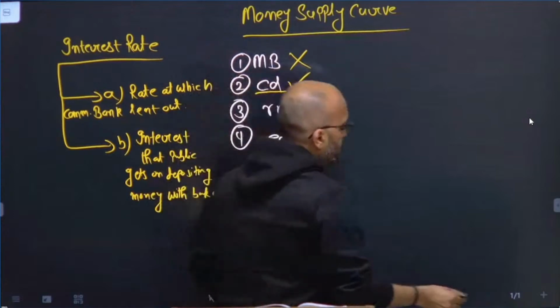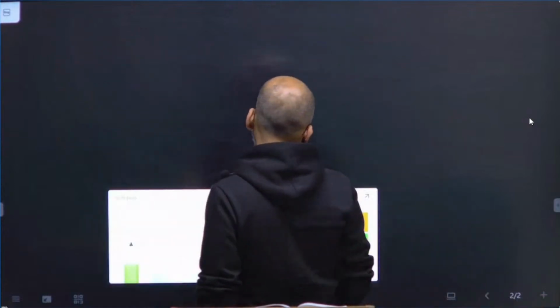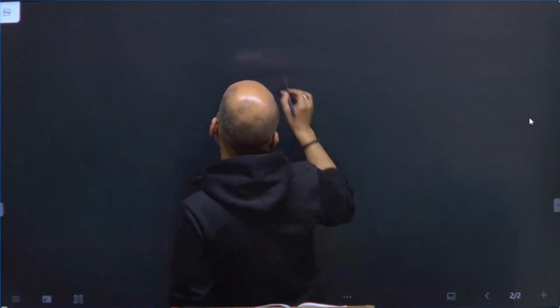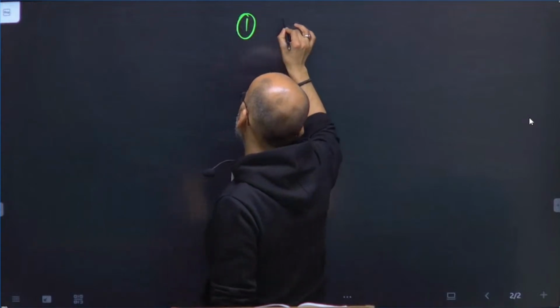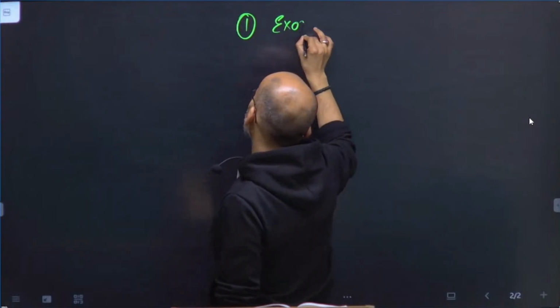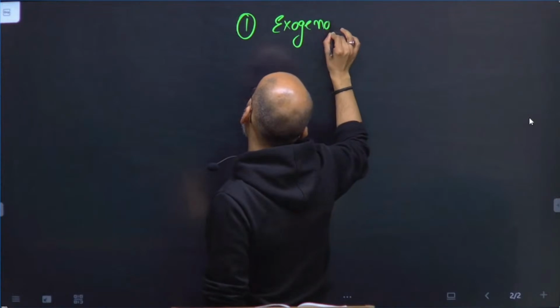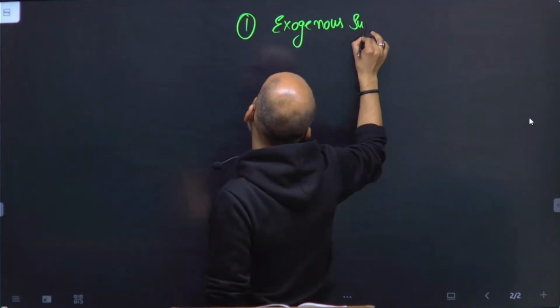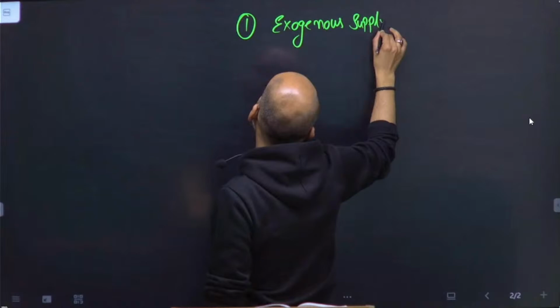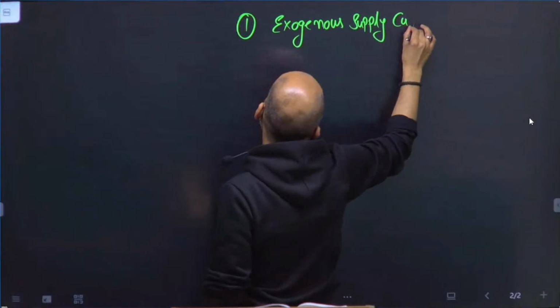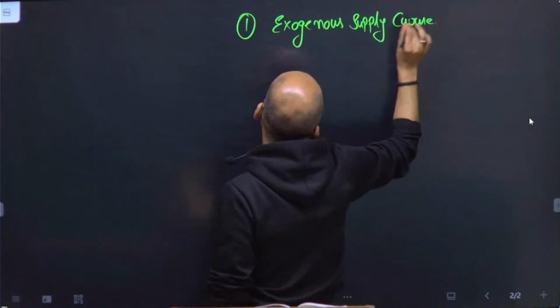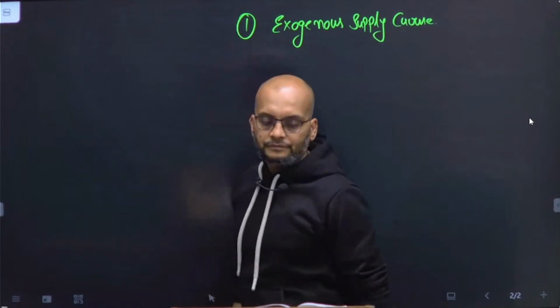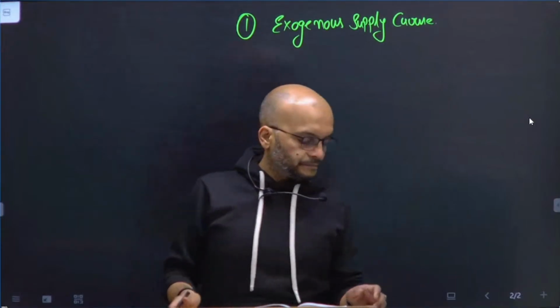When interest rate is not related with ED and CD, it is known as the exogenous supply curve. Clear?